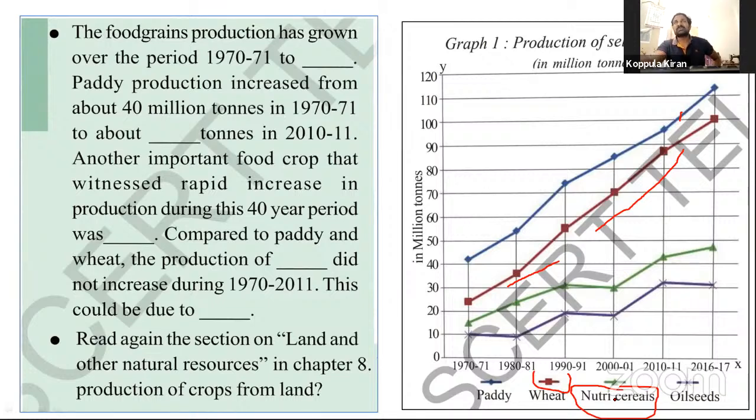These food grains are known as nutri-cereals or coarse cereals. Okay, this is also very low yielding from the fields, and also oilseeds. Oilseeds, we know very well, groundnuts, like that. See this, it is very low production from 1970 to 2016. Okay, this is the graph of our production.